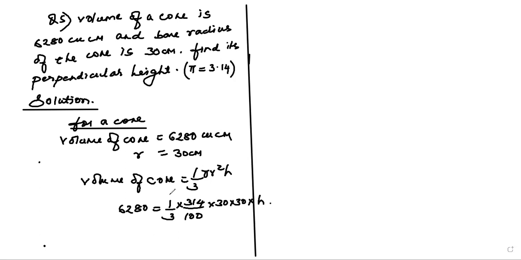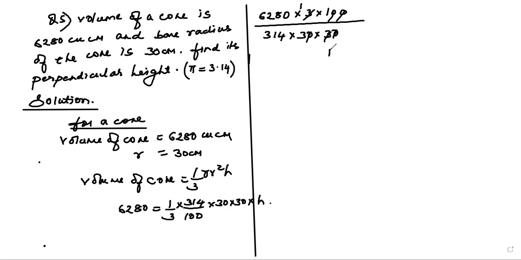So 6280, you want h. What is there on top with h will come down, children. 314 into 30 will come down, and what is in the denominator will go up, into 3 into 100. So simple, children. 10, 10 cancelled, 1, 3 gets cancelled.